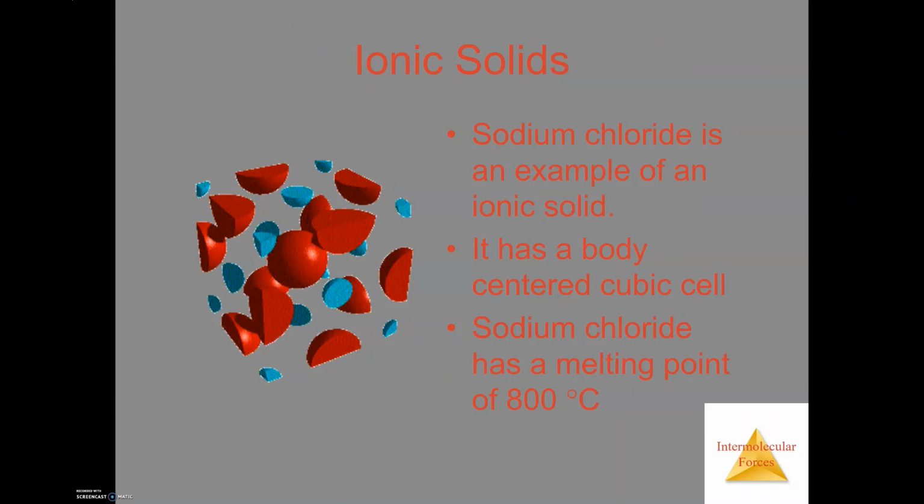So looking at sodium chloride here, this is a unit cell for sodium chloride. What we see here are the sodium atoms being the teal color, and then the chlorine will be the red one there. If we were to count around this, we would see, first of all, that it's a body-centered cell because you have that atom in the middle there.